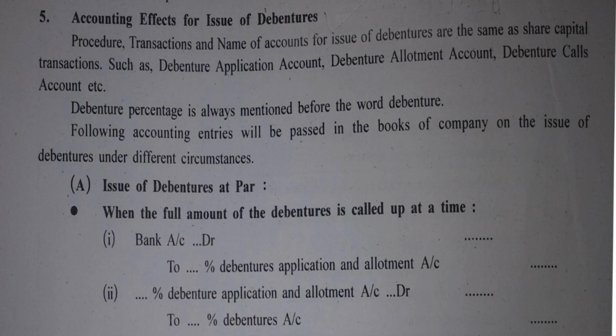In the very beginning of this chapter, I explained the meaning of debentures, and I also compared the meaning with shares from the first chapter. Thereafter, we understood the journal entries for issue of debentures.